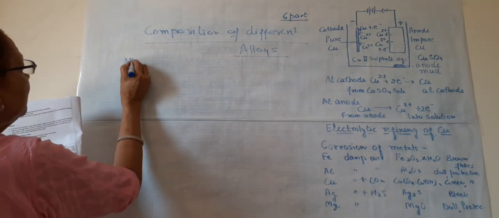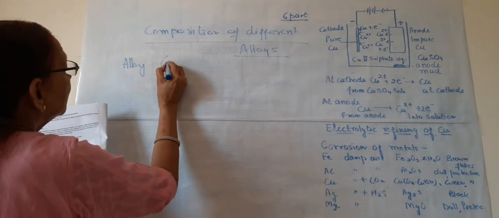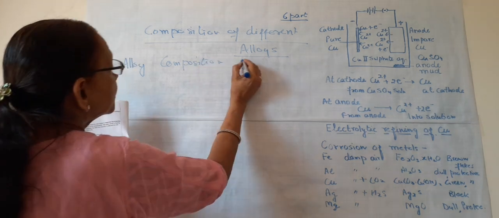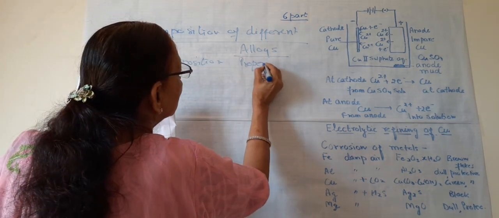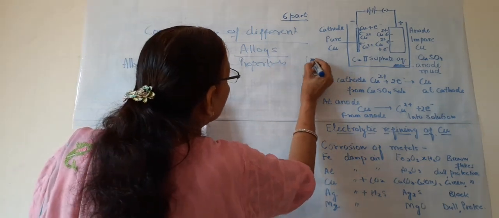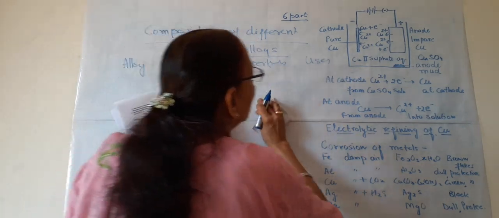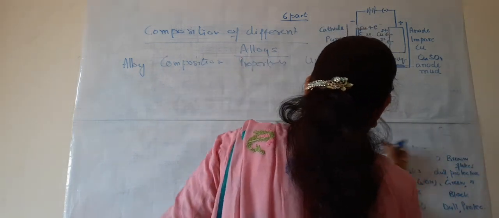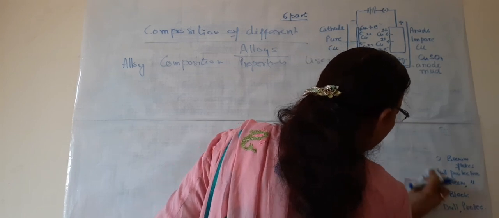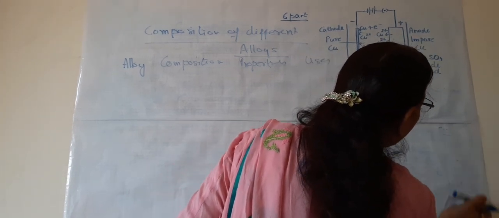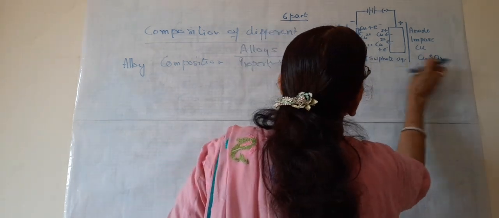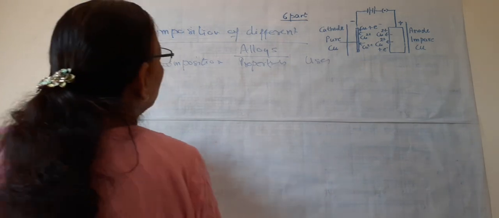First we will write the name of the alloy, then composition, then its properties, and then the uses of the alloy, where it is used. So we will make a table in tabular form, so it will be easy for you to learn all the alloys which are asked in the exam. Only very few alloys we will write.